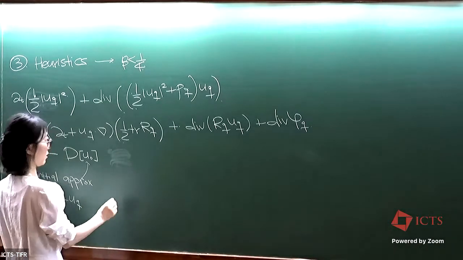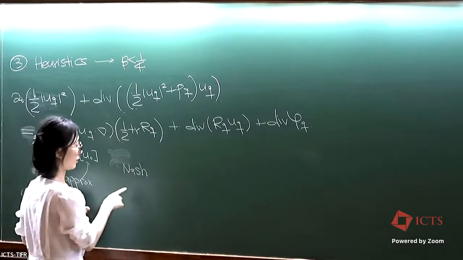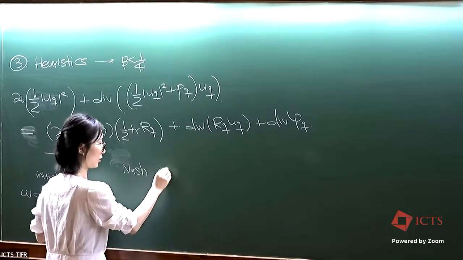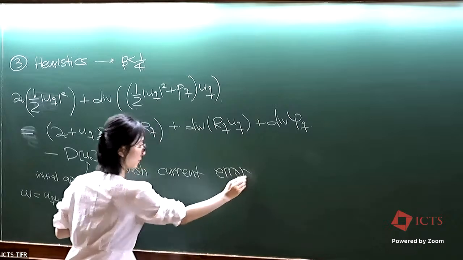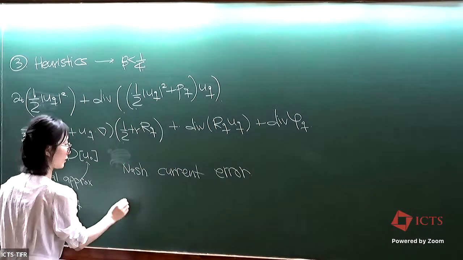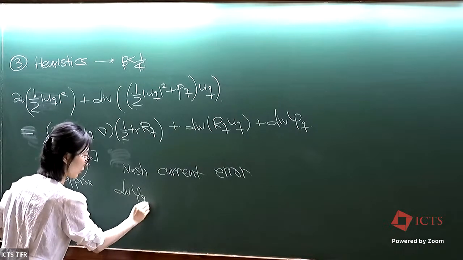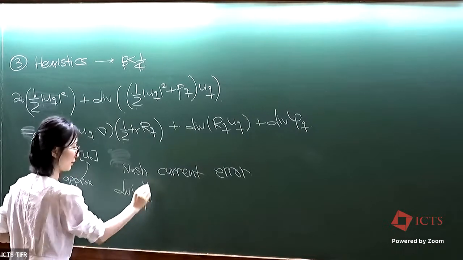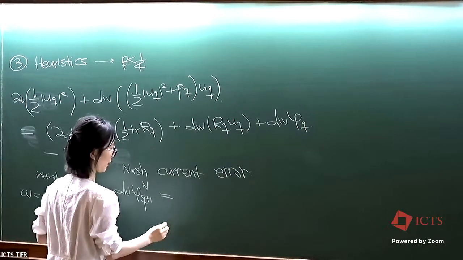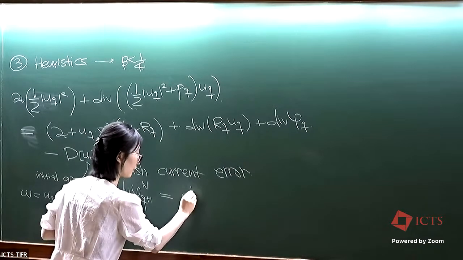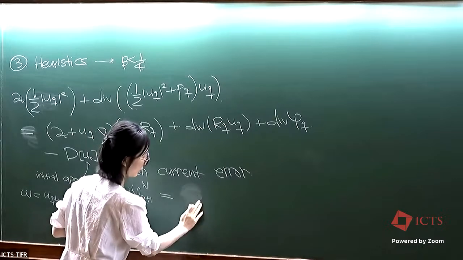Okay. And now, let me introduce the current error called the Nash current error, which looks like this. So it's again defined as a solution to the following equation, plus 1, let's say n. The right-hand side was this, I think.